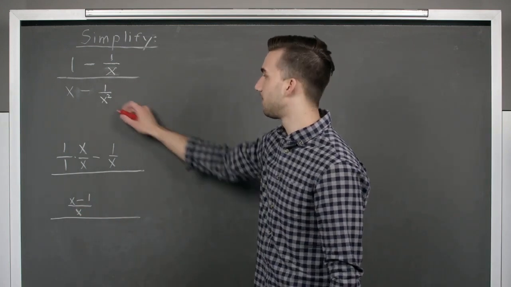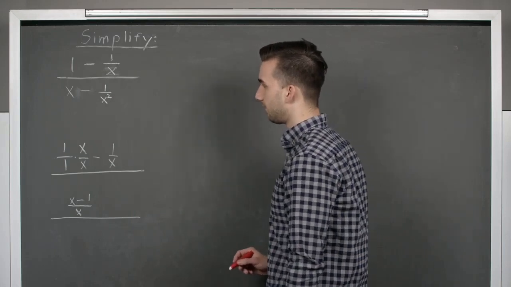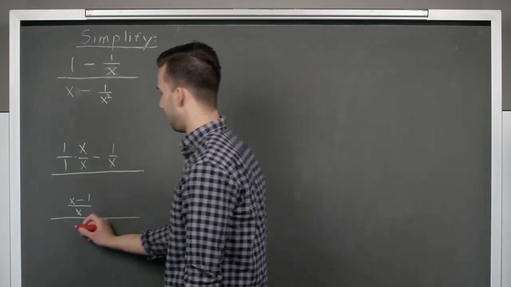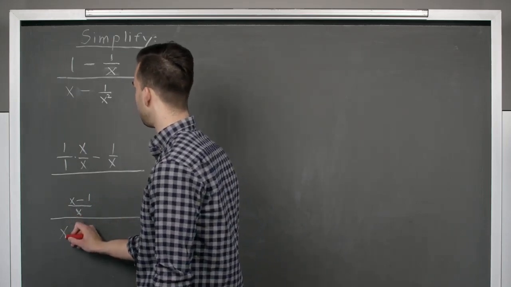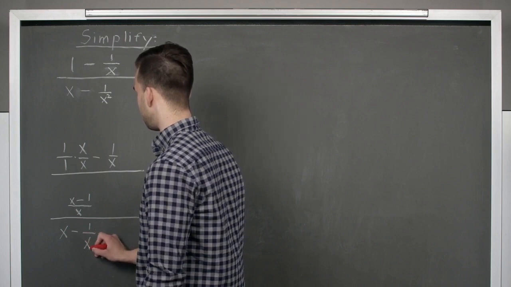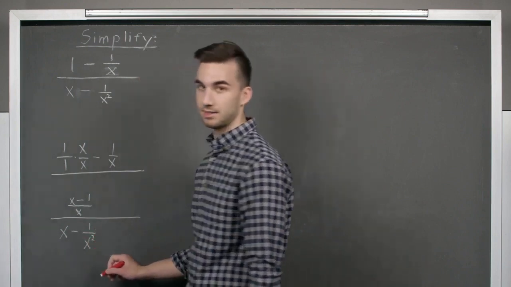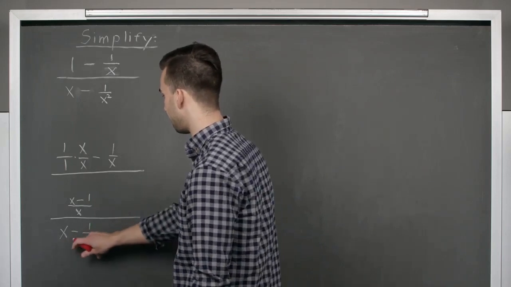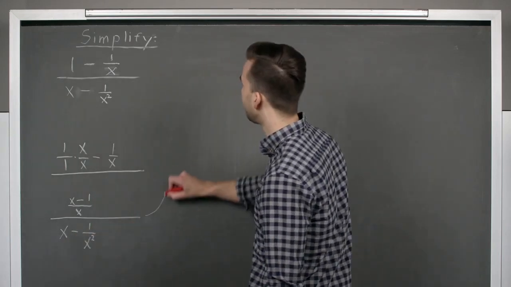Our bottom portion of this example is x minus 1 over x squared. So what we need to do is just find the common denominator for these and combine them into one fraction. Let me bring it up here.